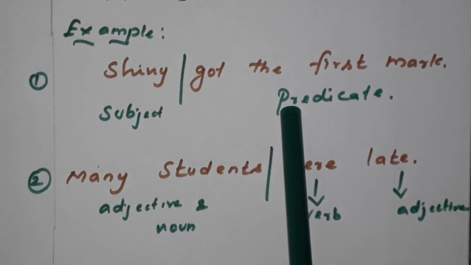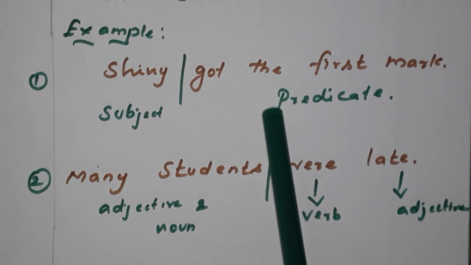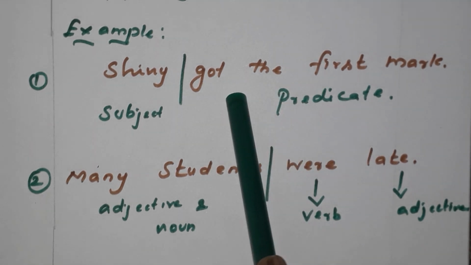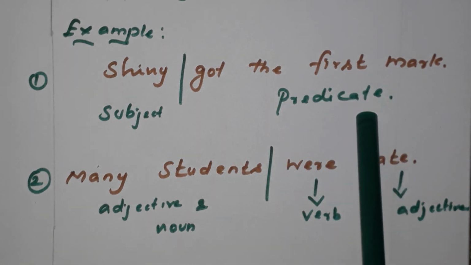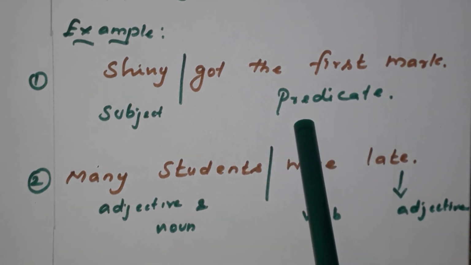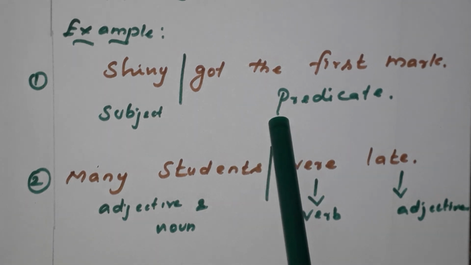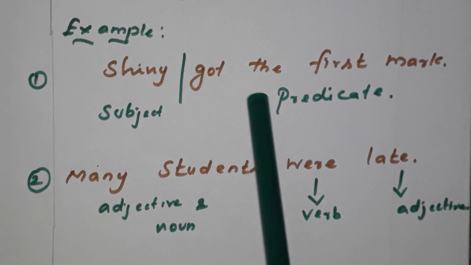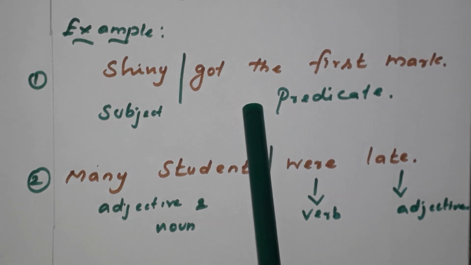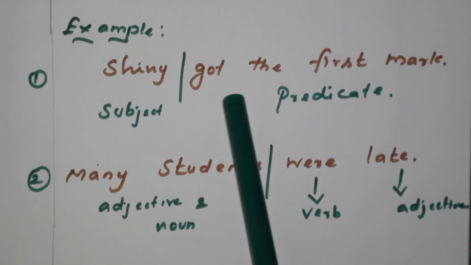The rest of the words are considered the predicate, which contains got as the verb and the first mark as the object. As a conclusion, we come to know that the words which come after the subject are considered to be the predicate. It is a tip to find the predicate.